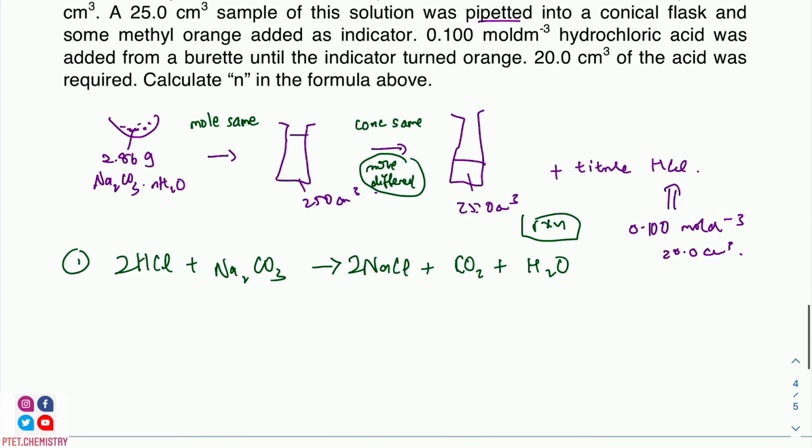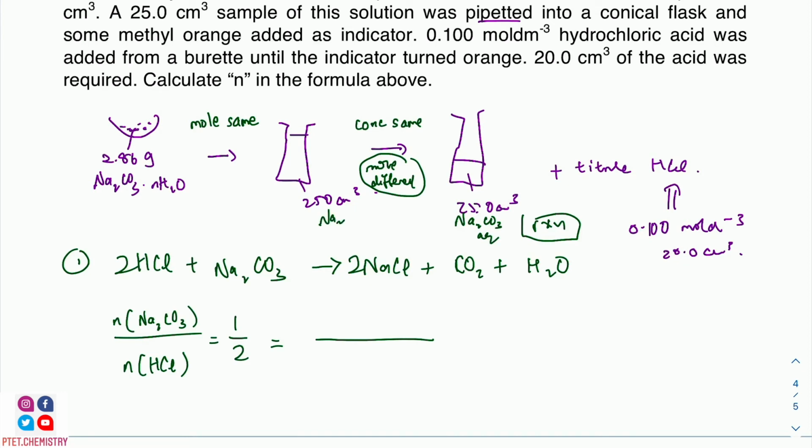Once I have the balanced equation, what do I need? I need to find the mole of the sodium carbonate to the mole of the HCl. That will tell me that is 1 over 2 from the balanced equation, right? And then I need the mole of the Na2CO3, because this is the Na2CO3 aqueous, in 25.0 cm cube.